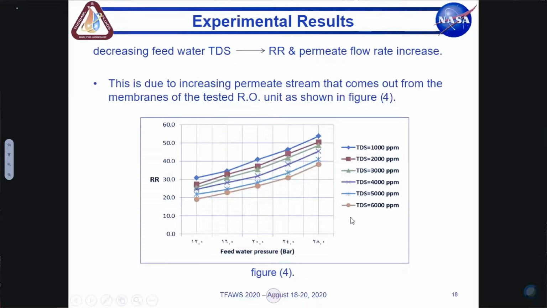Second result: increasing the total dissolved solids will increase the brine flow rate.